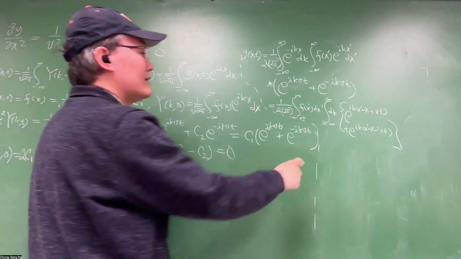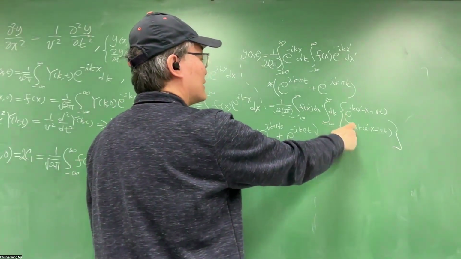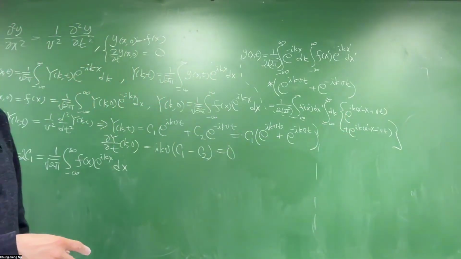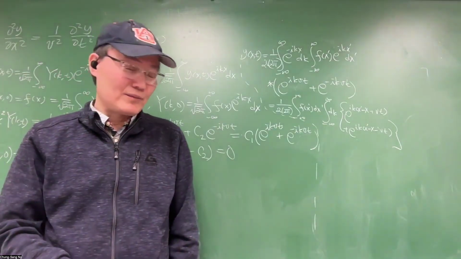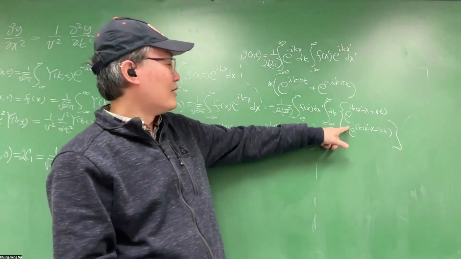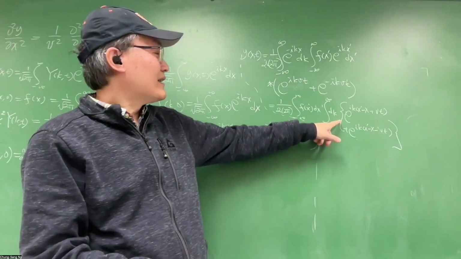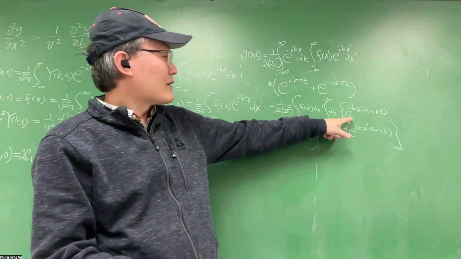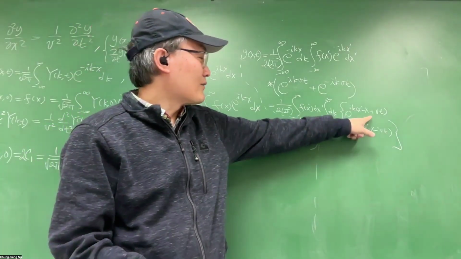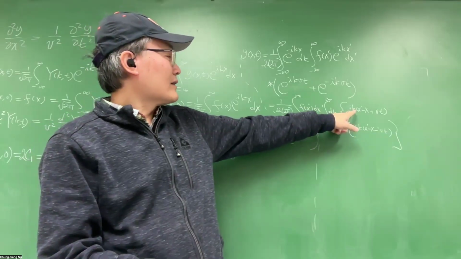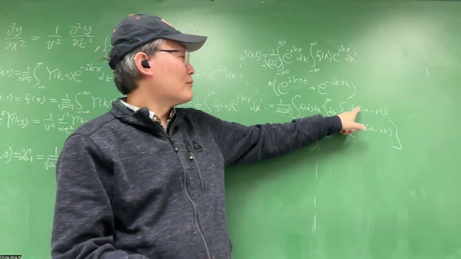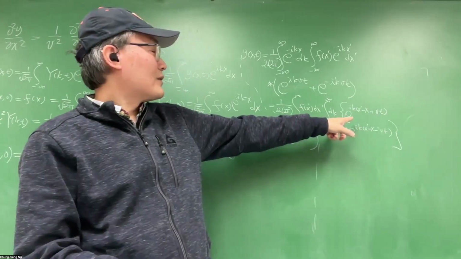All right. And these two integrals are what we talked about, the formula that you should memorize. Integrating this kind of integral, e to the i k times the integration variable multiplied by whatever factor.